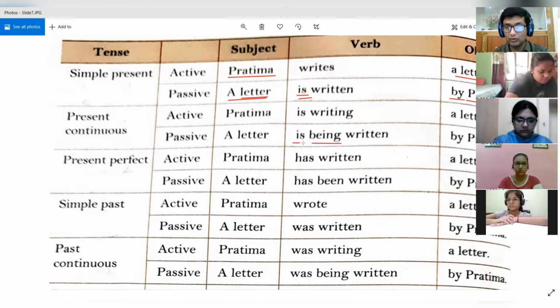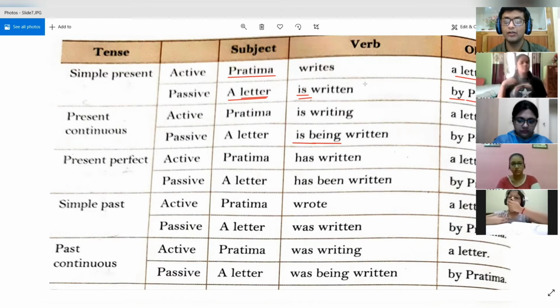So ing will be inserted after be, right? So we are coming to that second sentence. First of all, let's just look at the first sentence. The correct form of be verb has been placed. After that, what was the third rule?